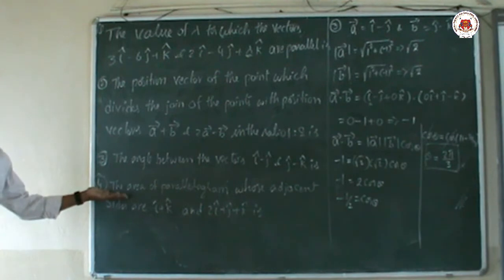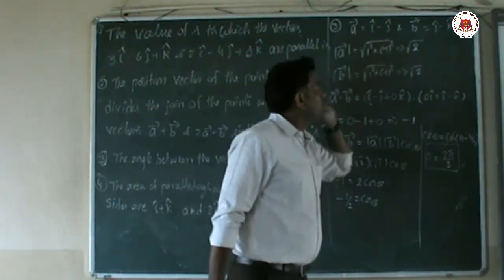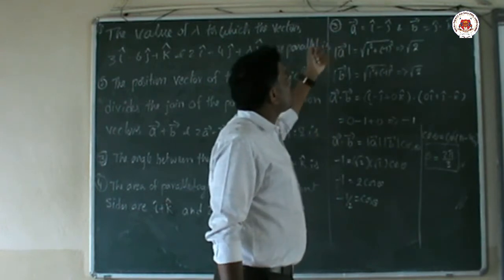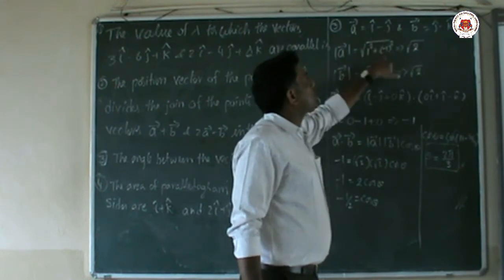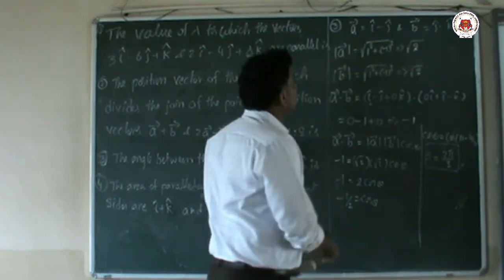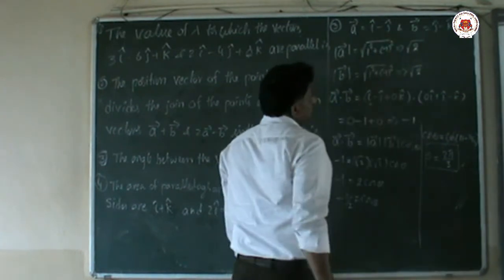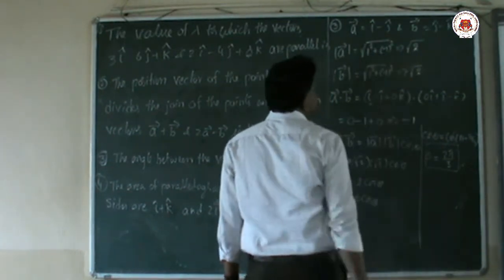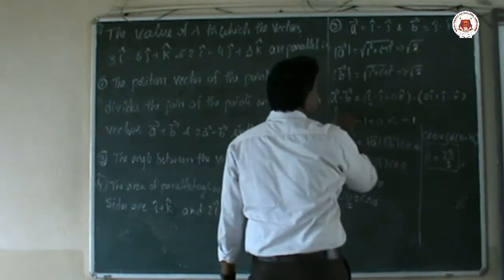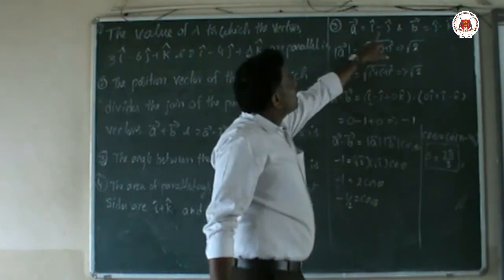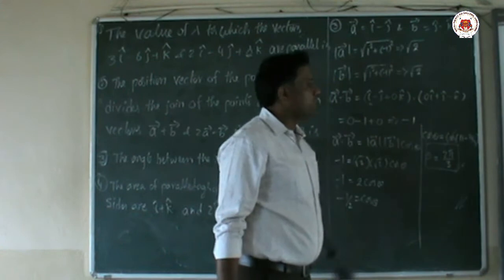Now we will go to the fourth one. Once again I am repeating. A vector is given, B vector is given. So first you have to find mod A. Mod means square root of i component squared plus j component squared. There is no k component squared, no need to write. The i component squared is 1 squared, the j component squared is minus 1 squared. 1 squared plus 1 squared is nothing but 2. In the same way, mod B also uses these two components squared. Next, A dot B. Here there is no k vector and here there is no i vector, so that's why I put 0 k and 0 i.